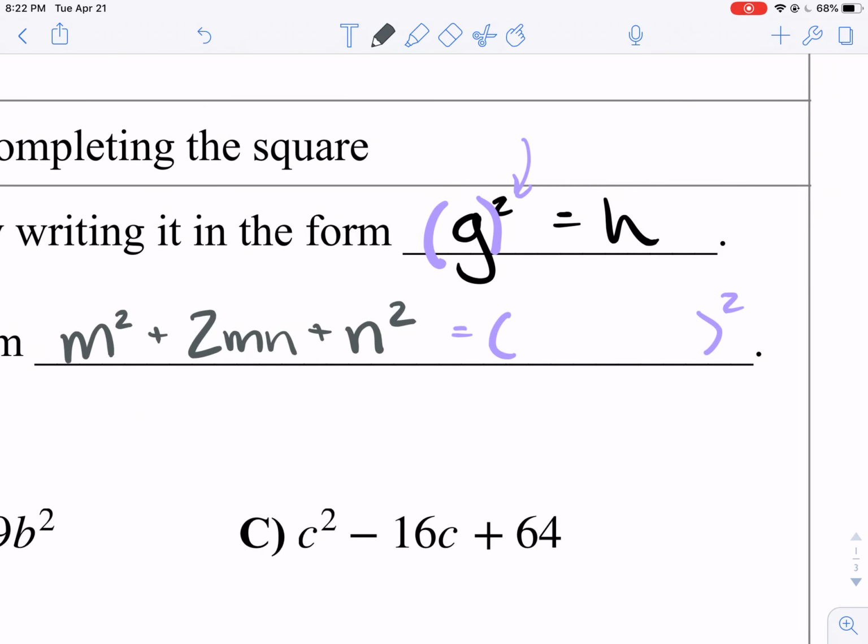When you have that pattern, we know that that's going to be equal to m plus n squared. Because you have squares on the outside, and you have 2 times their square roots in the middle. That's from chapter 8. We are going to use that shortcut to our advantage today.